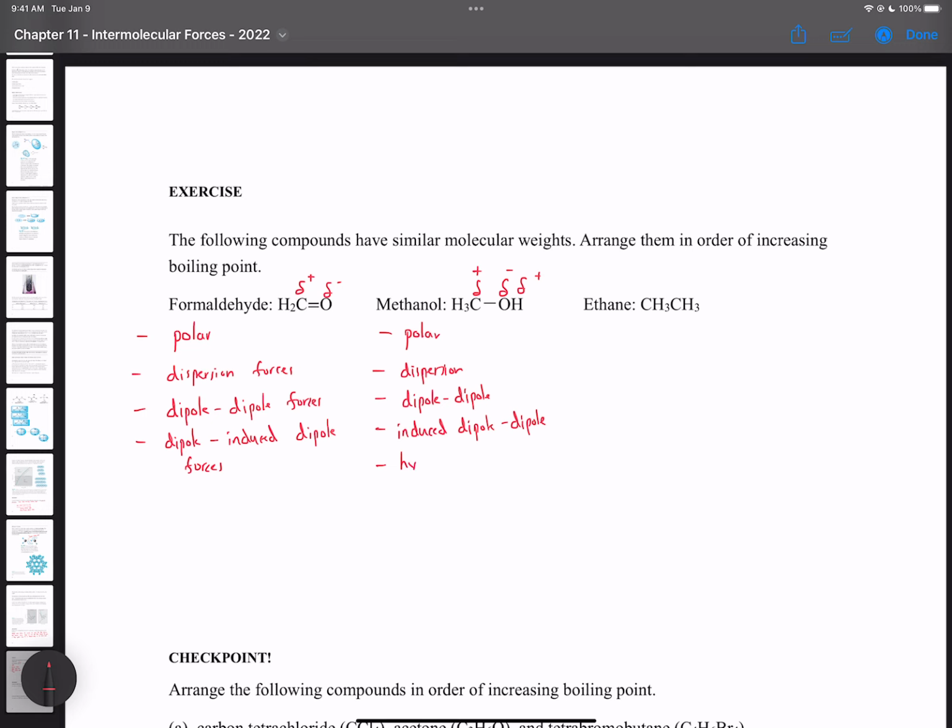Hydrogen bonding pretty much takes the cake and takes the lead. Ethane now: there's no electronegativity difference, so this is nonpolar.